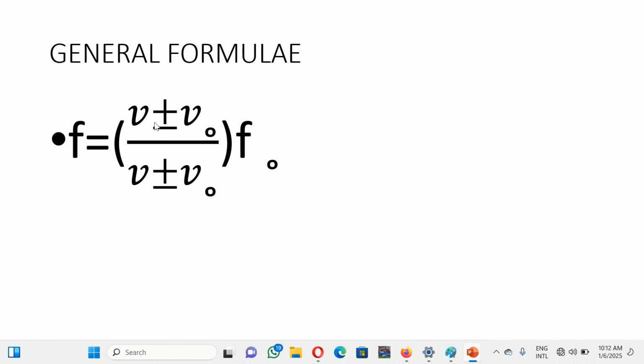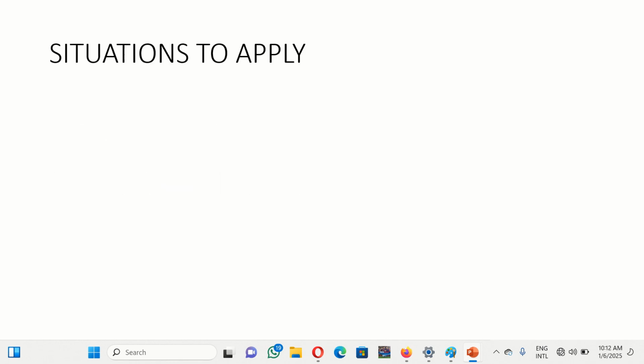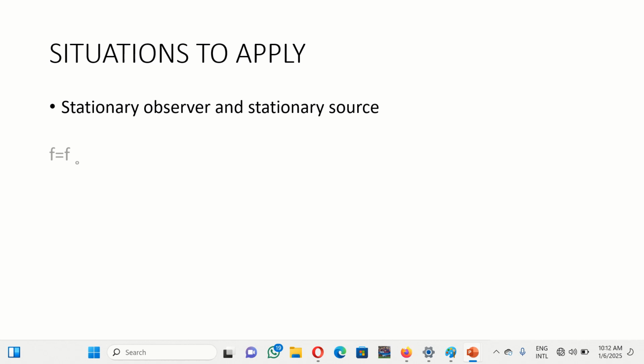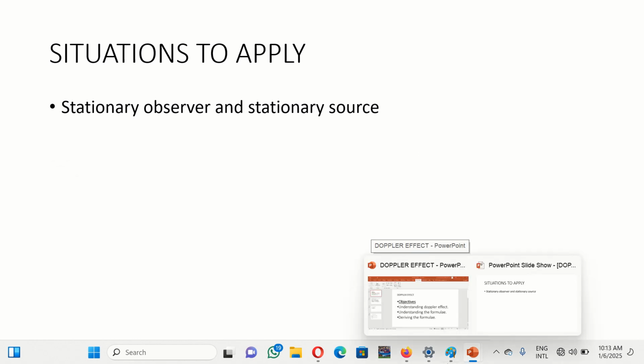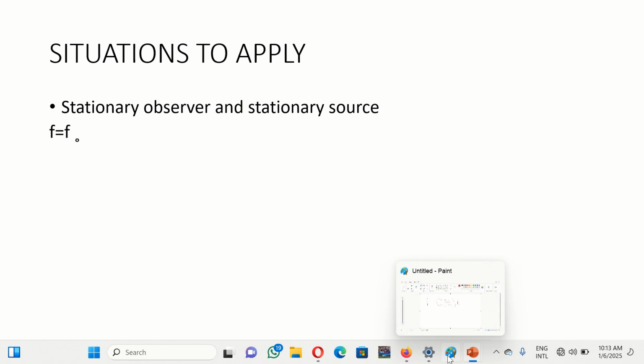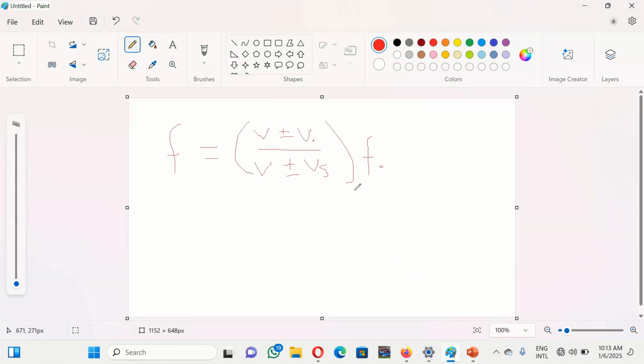So that is the general formula. Let's look at situations to apply these formulas. The initial situation is a stationary observer and a stationary source.